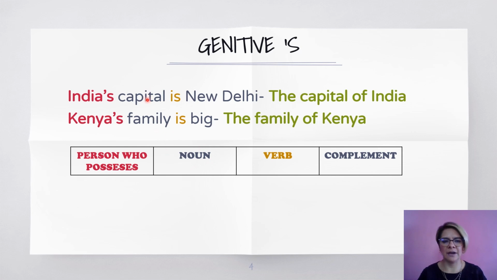Here you have the noun. A verb, in this case is, or I can use have. And the complement. In this case, New Delhi is the complement. Big is the complement. Remember that the purpose of the complement is to finish the idea. So we need it most of the time. And this is another way to express possession.